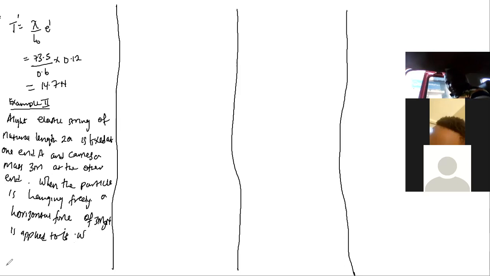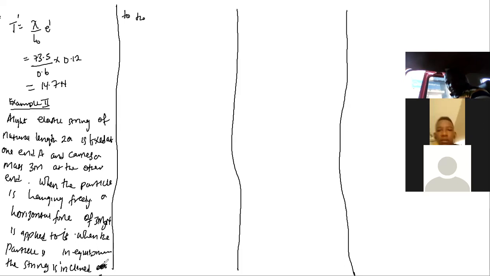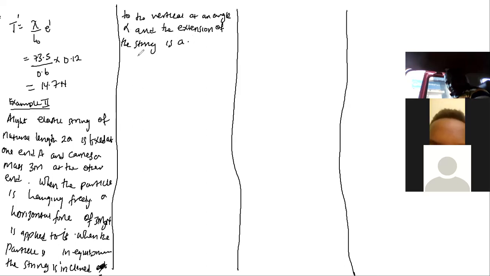the string is inclined to the vertical at an angle alpha, and the extension of the string is a. 1, find the value of alpha.